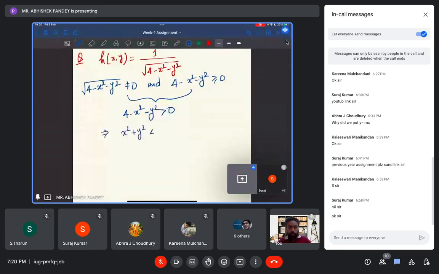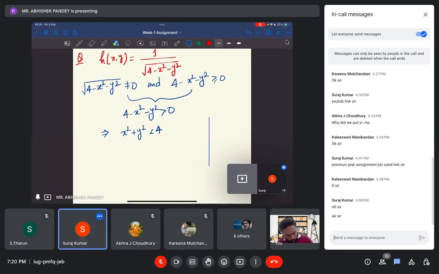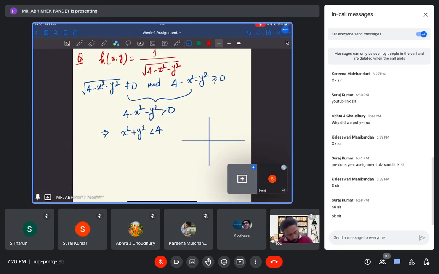Okay, so this is nothing but a disk centered at origin and radius 4. Sorry, what? Yeah, radius 2.